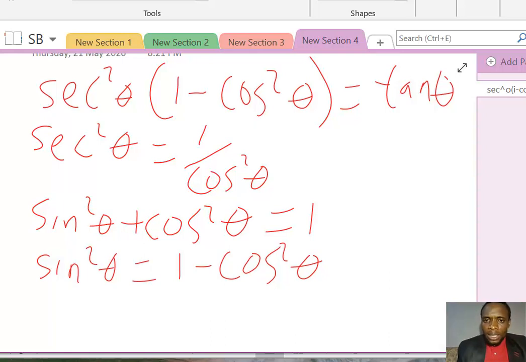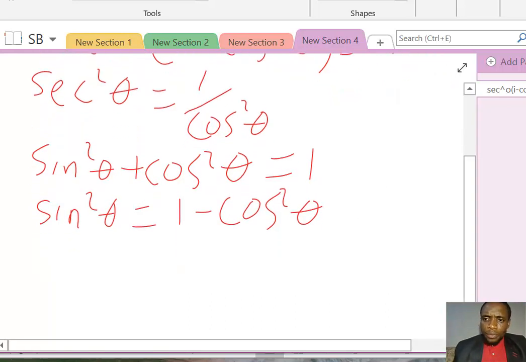Now go back to the question. What is sec squared theta? We said sec squared theta is 1 over cos squared theta, so we can substitute for that. And 1 minus cos squared theta is sin squared theta, so we can also substitute for that.